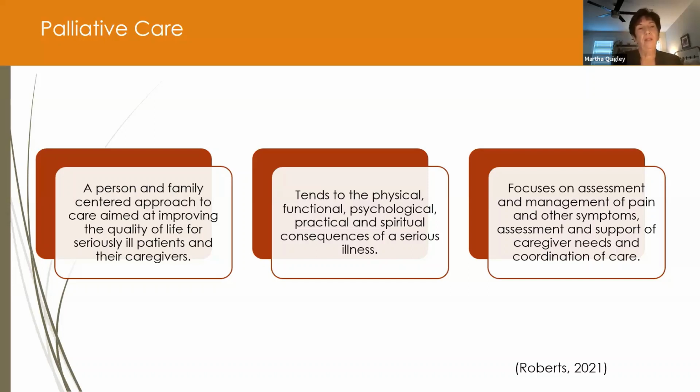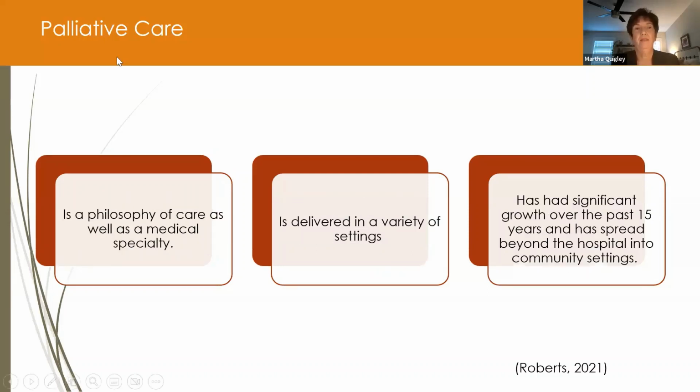Palliative care is a medical specialty. It can also be an approach to care. It's a person and family-centered approach aimed at improving the quality of life for seriously ill patients and their caregivers. It tends to the physical, functional, psychological, practical, and spiritual consequences of serious illness. It focuses on assessment and management of pain and other symptoms, assessment and support of caregiver needs, and coordination of care.